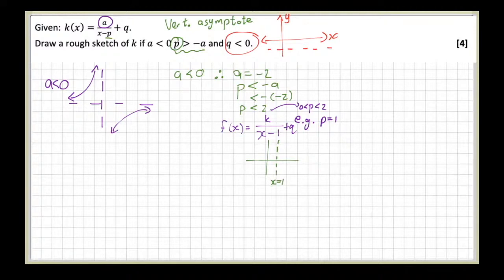So a possibility for my sketch is, because q is smaller than 0, my graph could lie there or there.